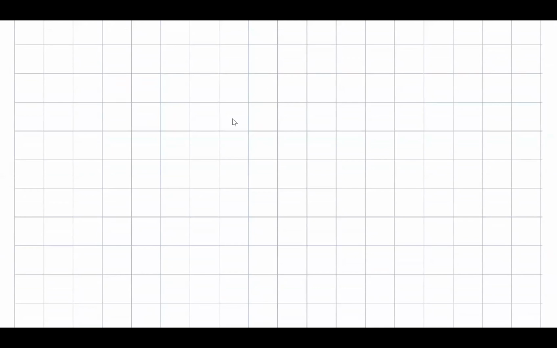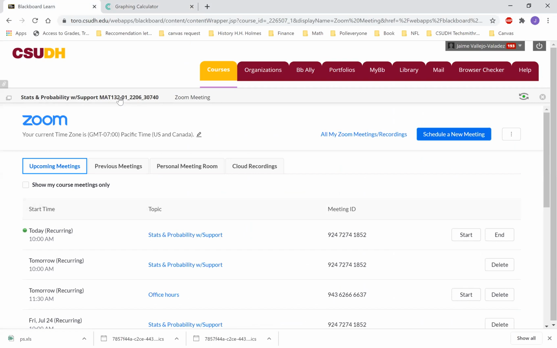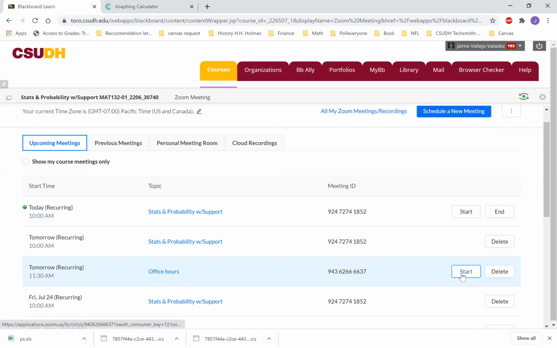Remember, for today, you do have your quiz, so I'm going to show you where to go for the quiz. For the quiz, you go here, Blackboard. Also, for today, if you want to go to my office hour, you click on this one where it says office hour from 11:30, and you click right here where it says start.